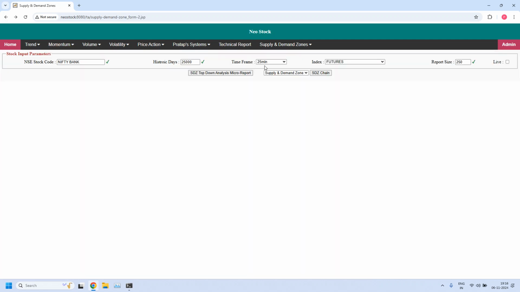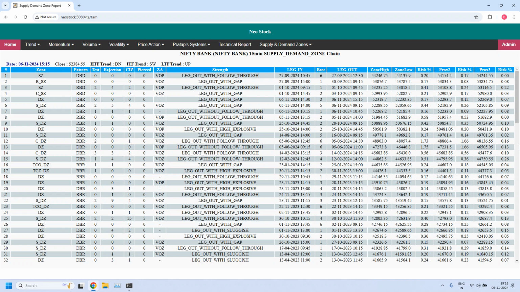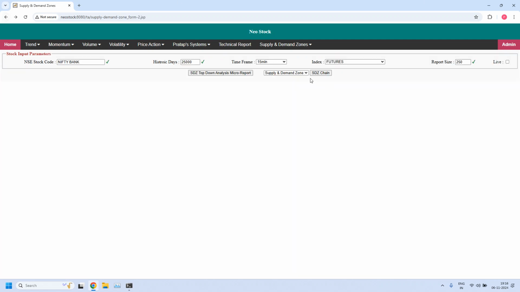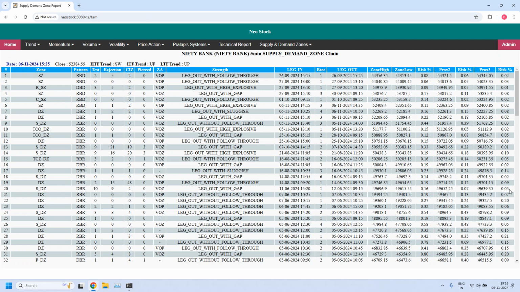Next time frame is 15 minutes, generating the 15 minute supply demand zone chain for Bank Nifty. Next time frame, that is the last time frame, is 5 minutes, generating the 5 minute supply demand zone chain for Bank Nifty. So this is about the Bank Nifty supply demand zone chain.